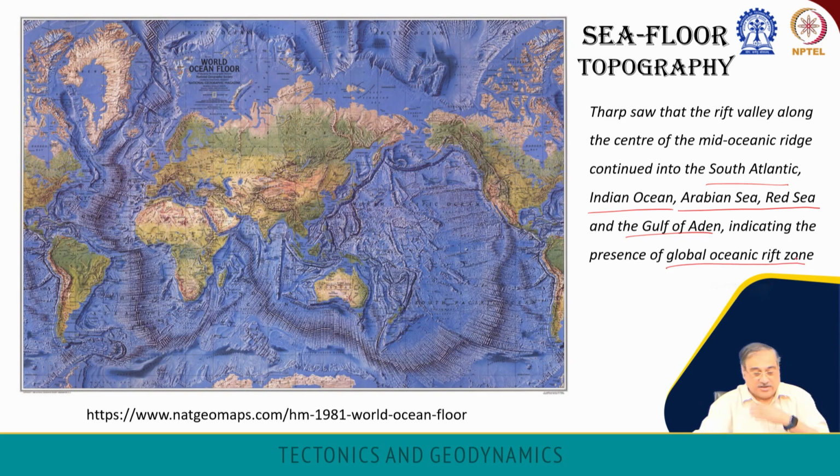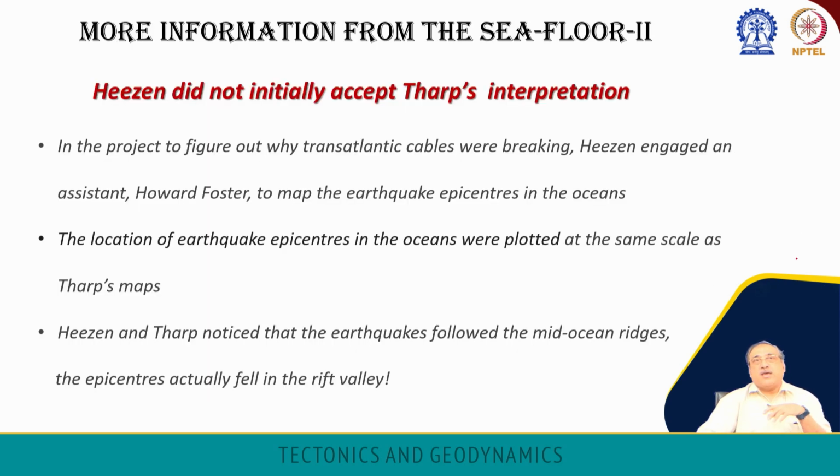So, Marie Tharp is not always recognized as the person who actually discovered these mid-oceanic ridges, what we refer to today as mid-oceanic ridges. Now, although this was such an important discovery, Bruce Heezen, who had assigned this work to Marie Tharp and was working with her, didn't really believe the interpretation that the seafloor was moving apart at the mid-oceanic ridges.